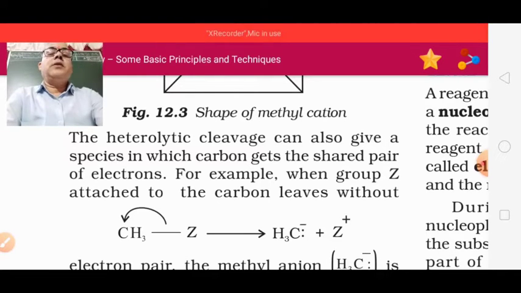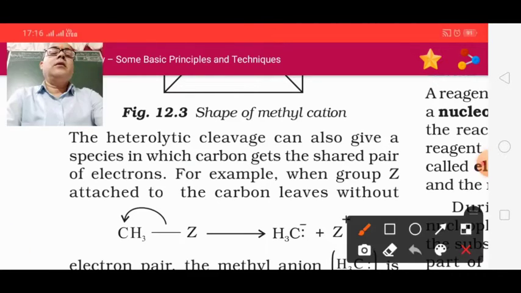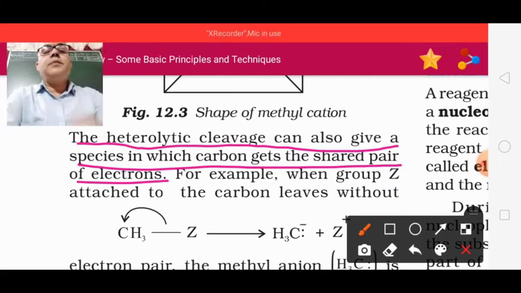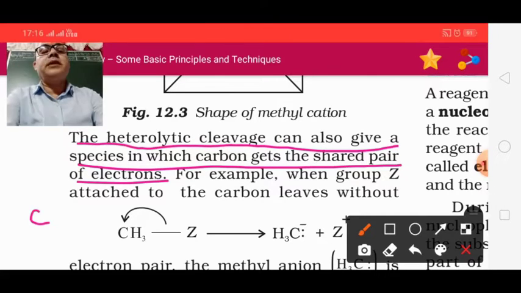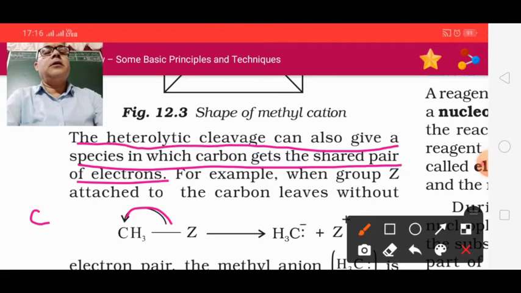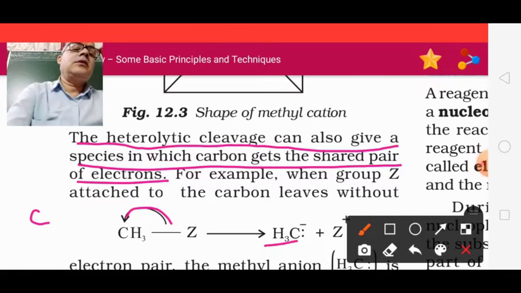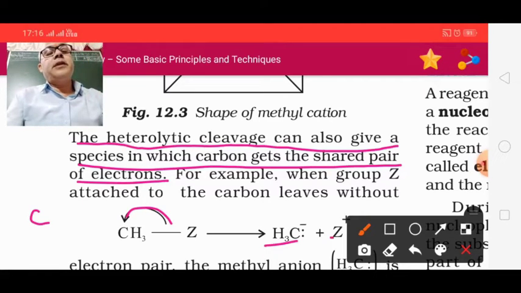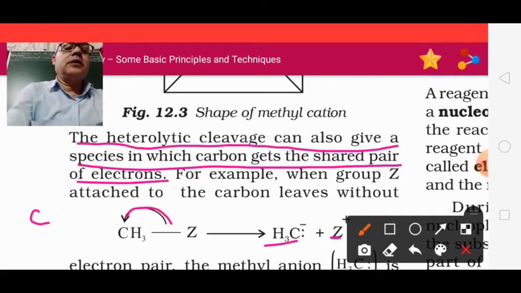One is a species in which carbon gets the shared paired electron. It means, as you see here, the electron is transferring from here to here, and here the carbon has the shared electron while the Z has a positive charge.